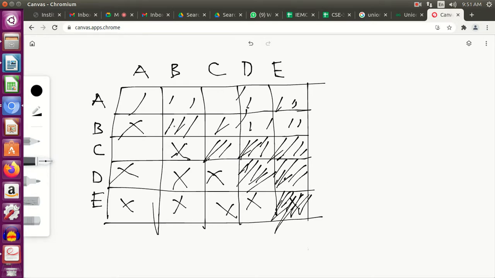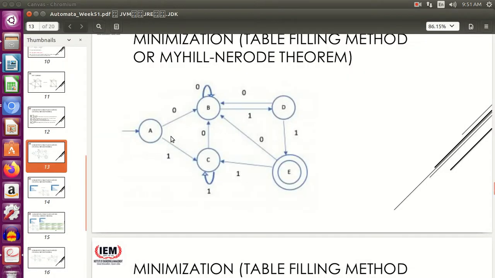Okay. Finally, we have AB. If you check for AB again, you will see that for AB, B is going to the next state D on getting a 1, and D has already been marked by us in a previous step, right?